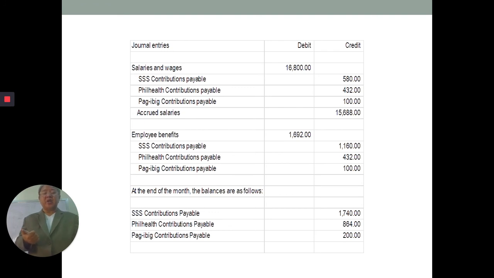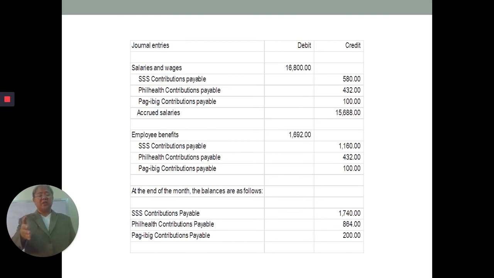And then accrued salaries or cash for the net amount of 15,688. And then the employer will also have to recognize his share on the contribution. The employer share shall be recognized as debit to employee benefits, credit to SSS contributions payable, PhilHealth, and Pag-ibig. So that's how we record.